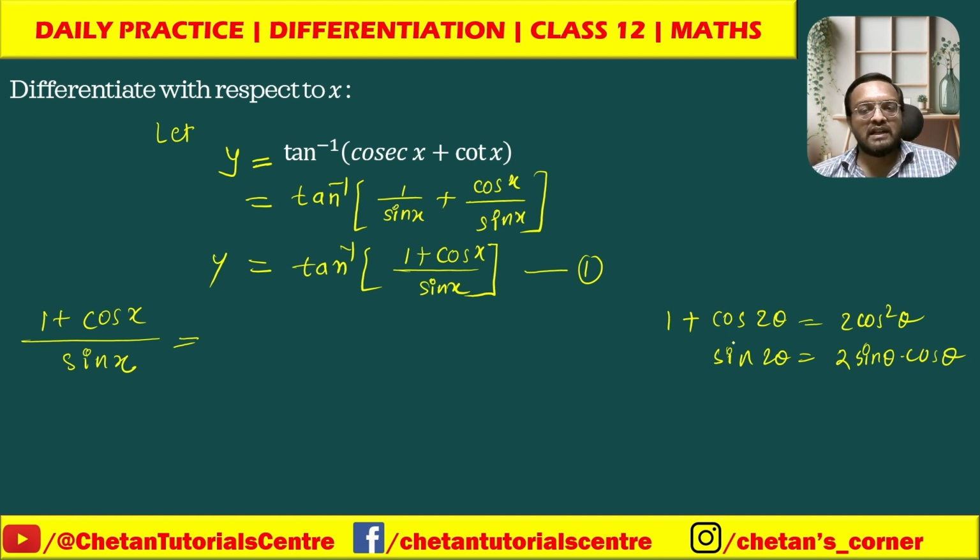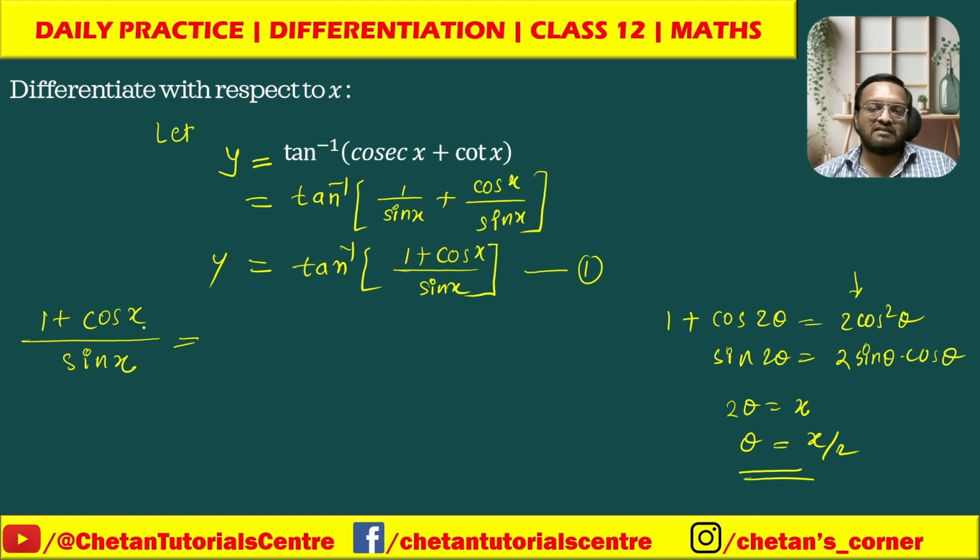Now here the value of 2 theta is equal to x, therefore theta will be equal to x by 2. Now wherever there is theta in the RHS, we will write x by 2 instead of theta while expanding this numerator and denominator.